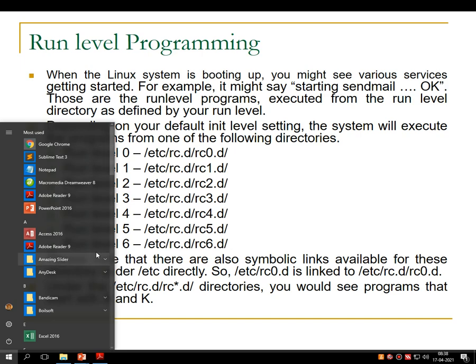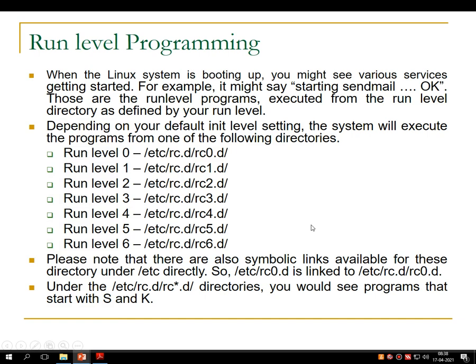Whenever you open the taskbar and look at the number of processes working in parallel at the time of the booting process, that is also possible in Linux by using the last component of the booting process, that is called run level programming.